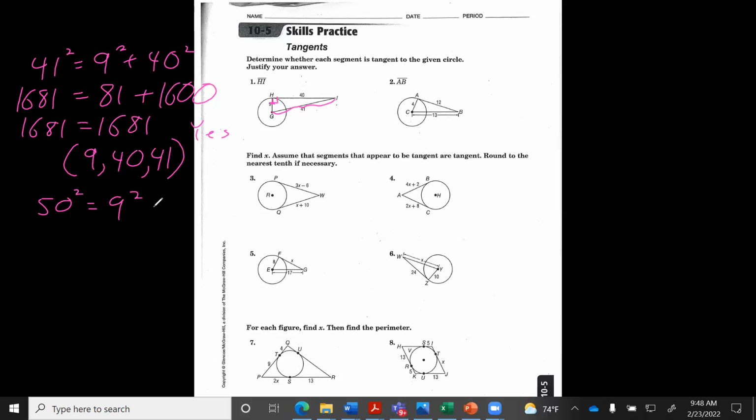If we were to put in a different value there for that C value, would it still work out the same? No. Right here, this side would now work out to 2500. The other side still would have come out to the same value, and then it's not equal anymore. That's now an obtuse triangle, and it would not be a right triangle. Therefore, it would not be tangent.